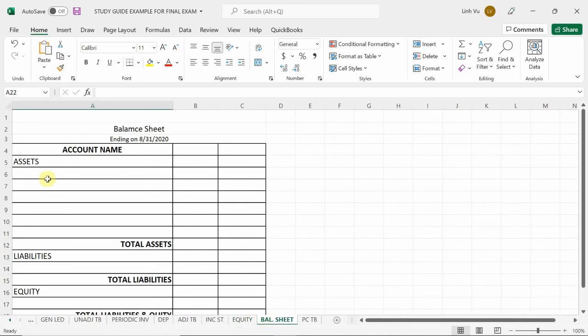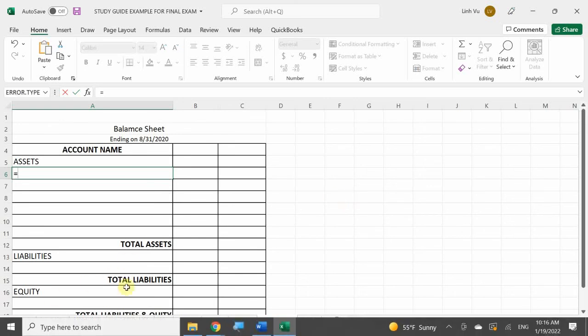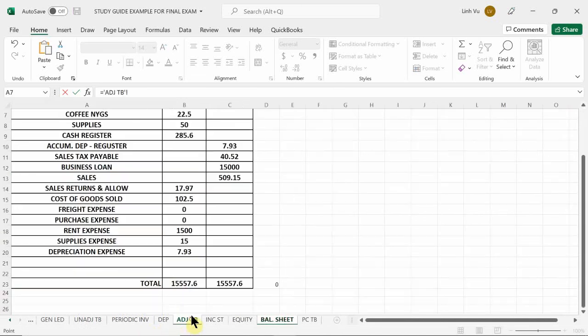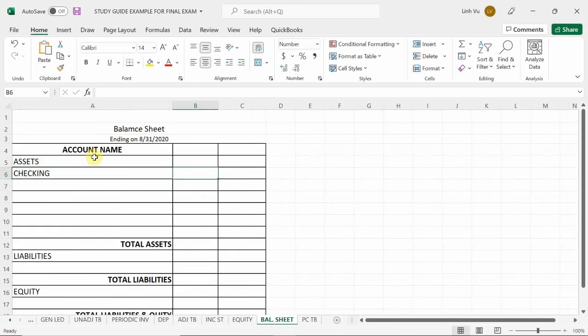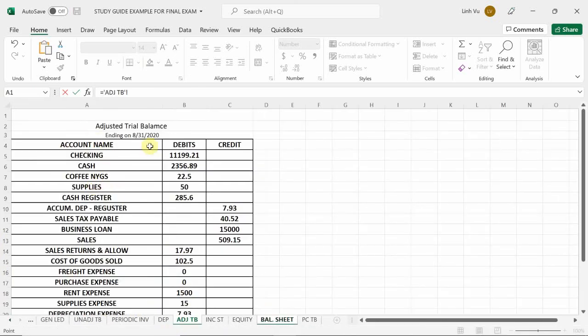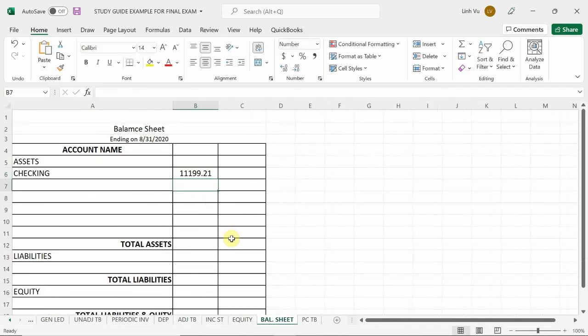Okay? So starting with our assets, right? My first asset I have is my checking account. Right? My checking account's the first asset that I have. Okay? And its current balance in my checking account is 11,199.21.